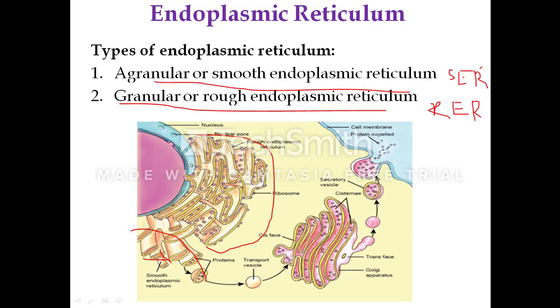As the growing polypeptide emerges from the ribosome, it passes through the rough endoplasmic reticulum membrane with the help of specific proteins in the membrane.